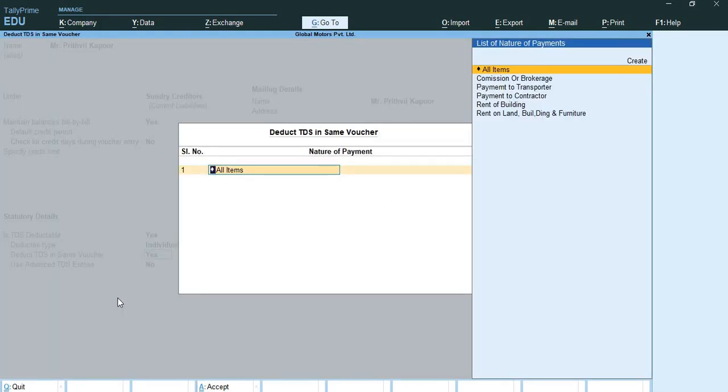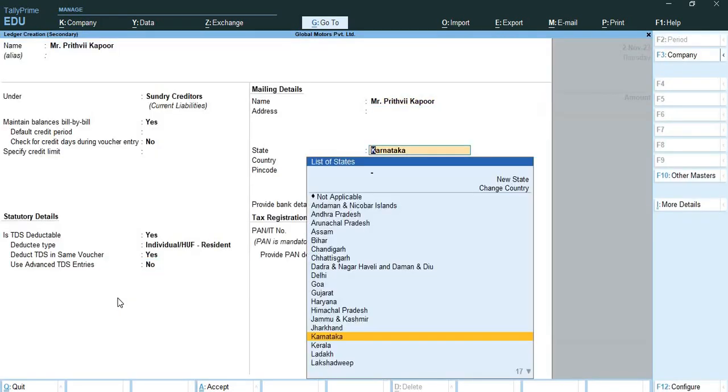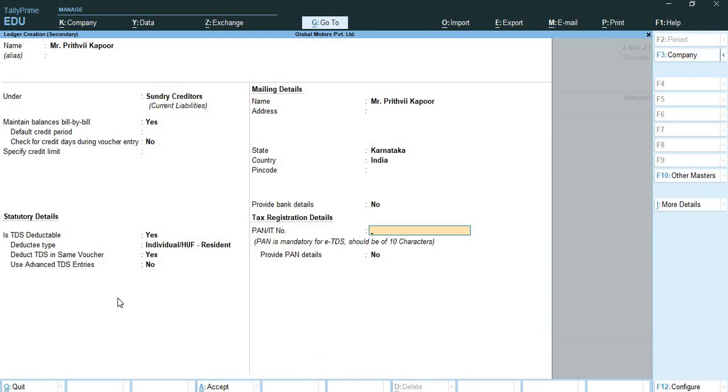Yes, I'll select the nature of payment. Now the nature of payment here will be rent of building, and the PAN details are ASD PW 1234D.